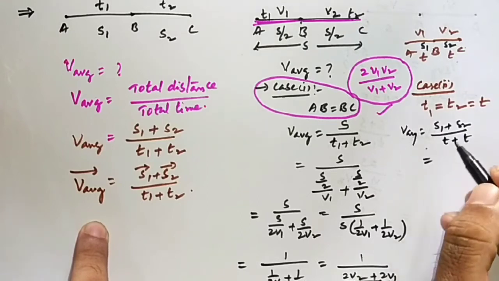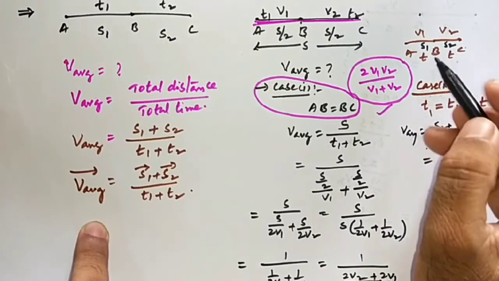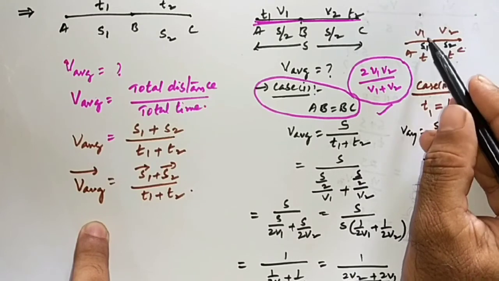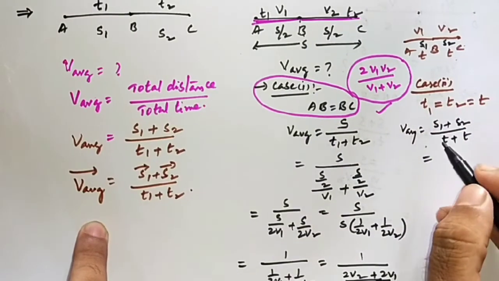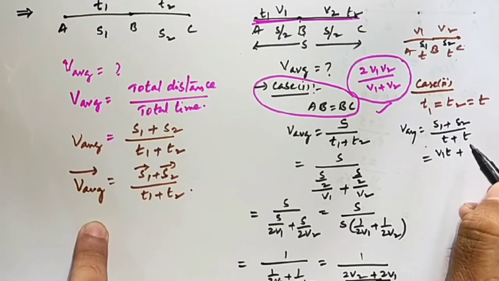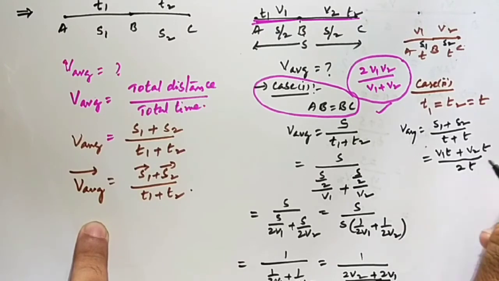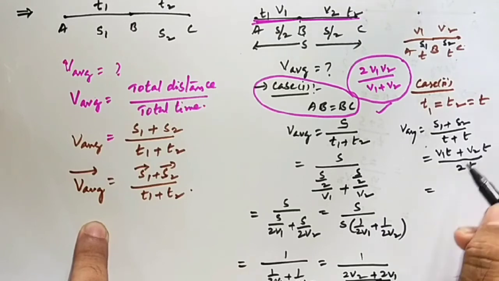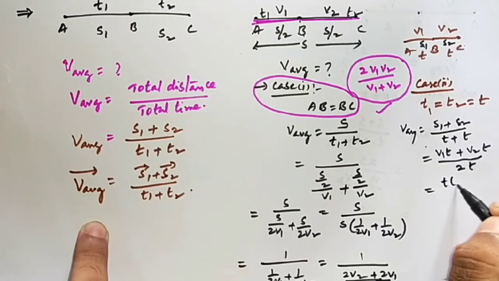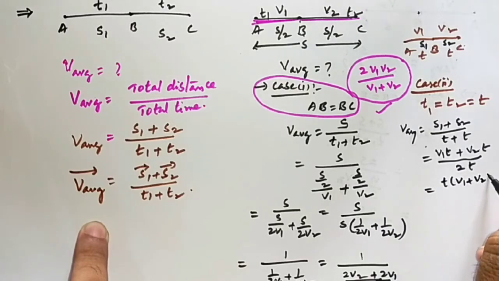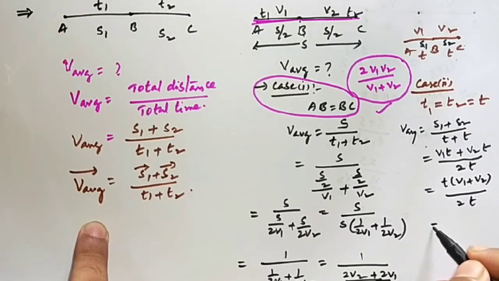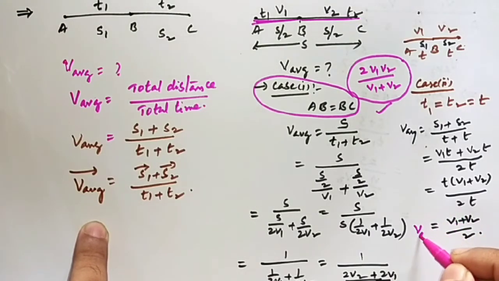What is the distance formula? Speed into time. So v1 into t plus v2 into t by t plus t, 2t. Let us take t common here: v1 plus v2 by 2t. The t gets cancelled. So v1 plus v2 by 2. This is the average speed.